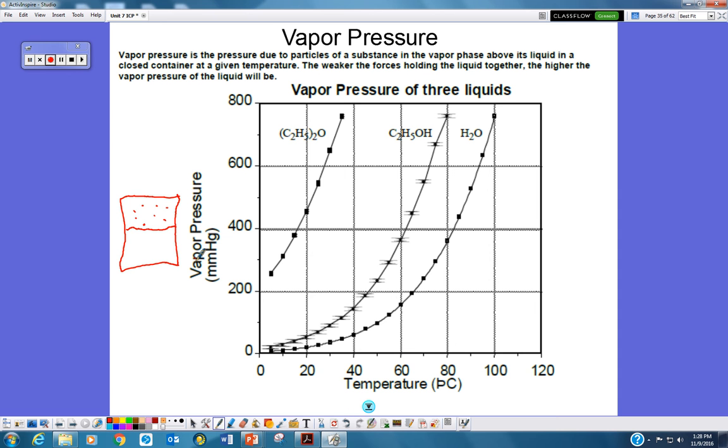And so the weaker the force holding the liquid together, the higher the vapor pressure. So we would expect nonpolar molecules to have the highest vapor pressures and hydrogen bonded polar molecules to have the lowest vapor pressure.